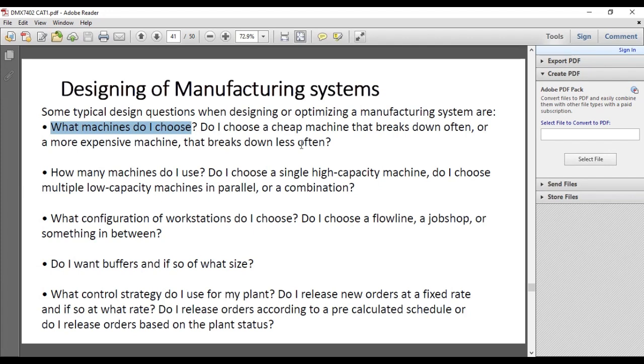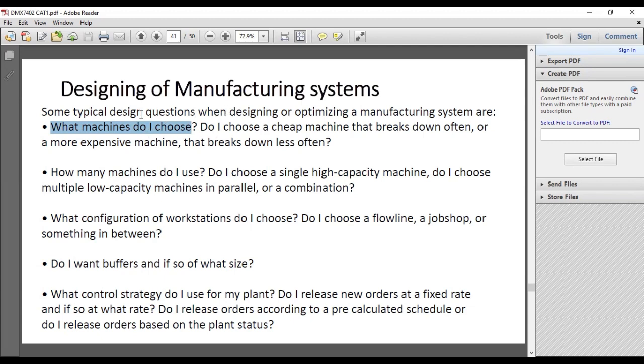How many machines do I need? What configuration of workstation do I choose? Do I want buffers? If so, what size? Likewise, how do you control the plant? Different kinds of questions will arise.